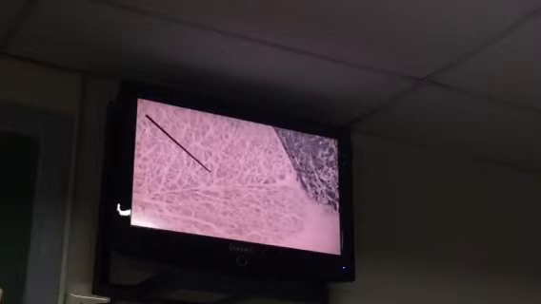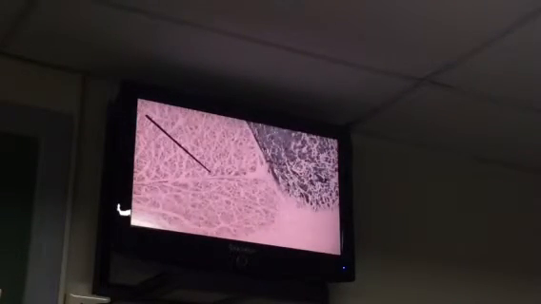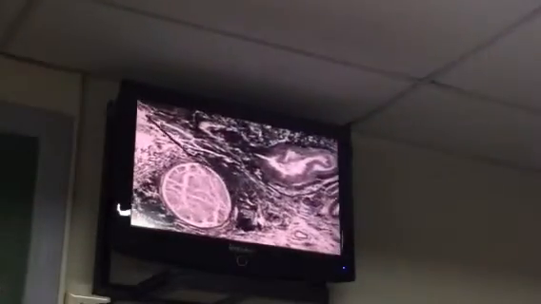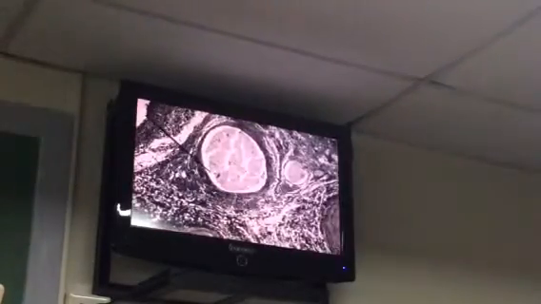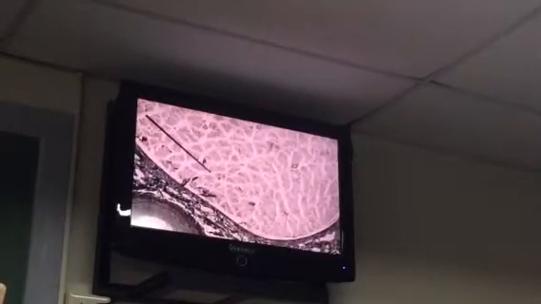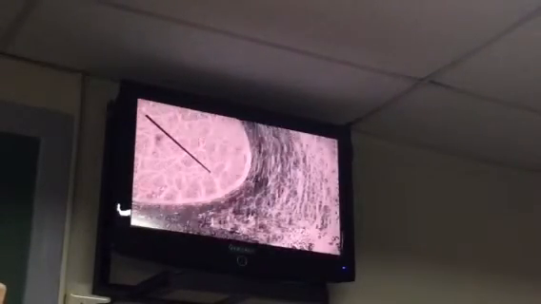A nerve is made up of bundles of nerve fibers. So this is one bundle of nerve fiber, another bundle of nerve fiber, another bundle over here, and another bundle over here. As an entire nerve, it is covered by dense irregular connective tissue.